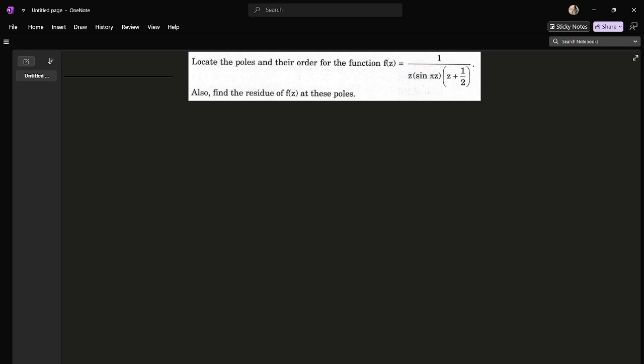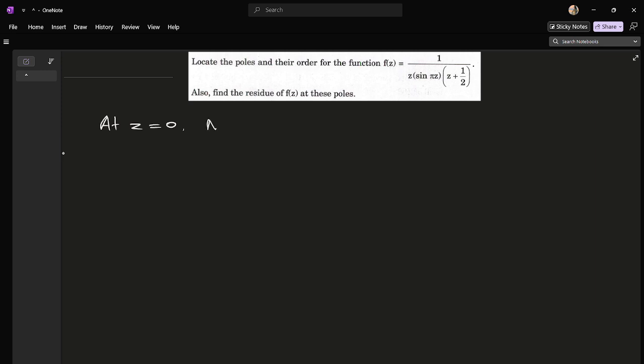So what is our pole? A pole is where the denominator is 0. So what will be the poles here? At z equals 0, the term z in the denominator causes a pole at 0.